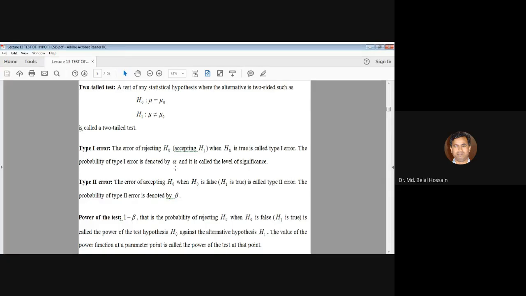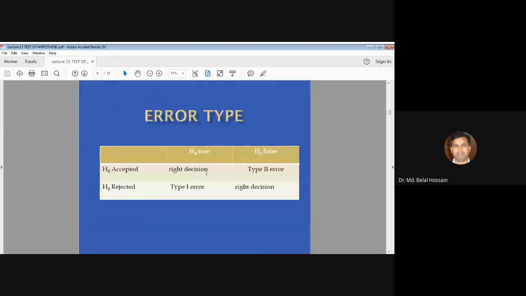So we always consider alpha equals 0.05 because this is a serious error. So we want to fix it because in statistics, 2 errors cannot be controlled simultaneously. So we want to fix one and minimize the other. The probability of type 1 error is alpha and the probability of type 2 error is actually beta.